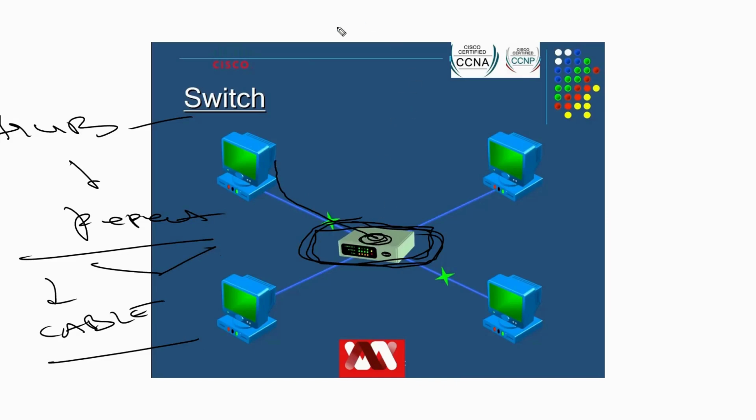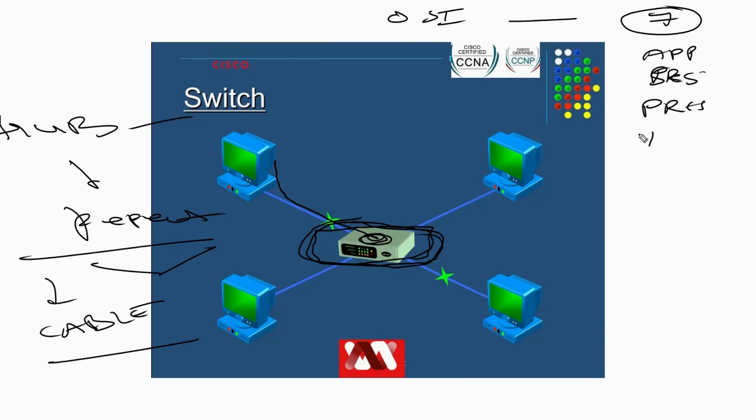So in the OSI layer, how many layers do we have? We have 7 layers, right? We have the application layer, the presentation layer, the session layer, then the transport layer, then the network layer, then the data link layer, which is what Matt Tracker is seeing right now, then the physical layer.